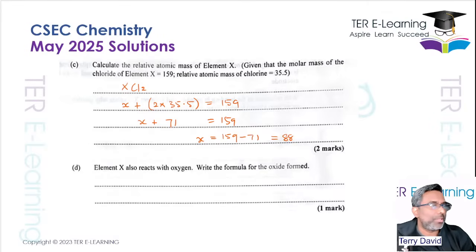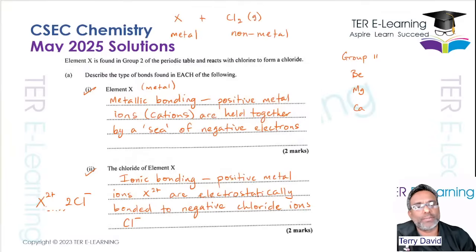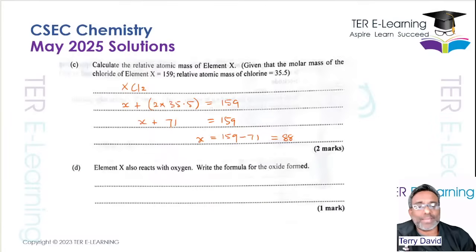That corresponds to, it looks like strontium. Yeah, so this element here is actually much lower. It's much lower than these here. 88 should have been the answer.